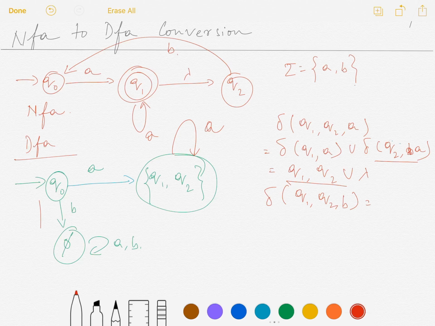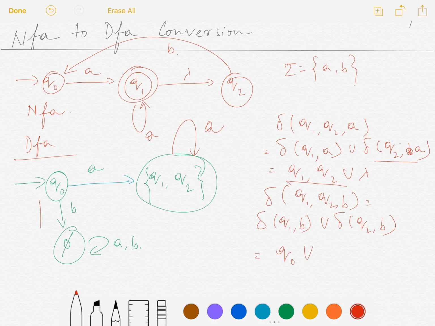Now let us see what will happen if I give B to Q1 Q2. It should be delta Q1 B union delta Q2 B. In case of Q1 B, it is going to Q0, because direct Q1 B is not there, but Q1 lambda B is there. So after giving lambda and B, it is going to Q0.